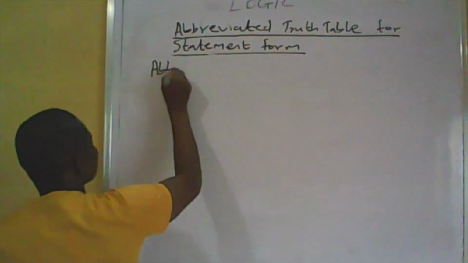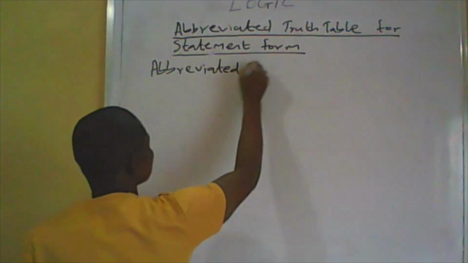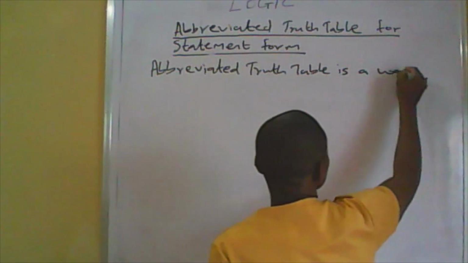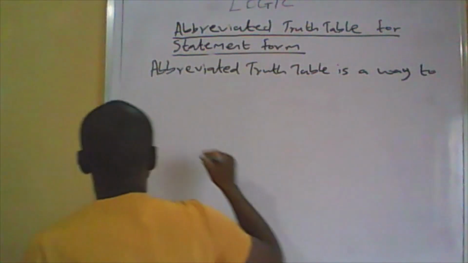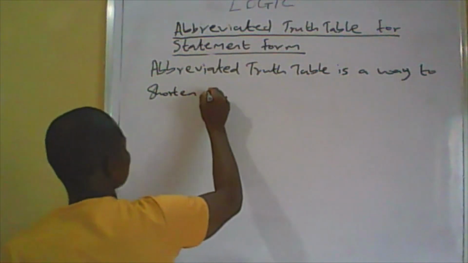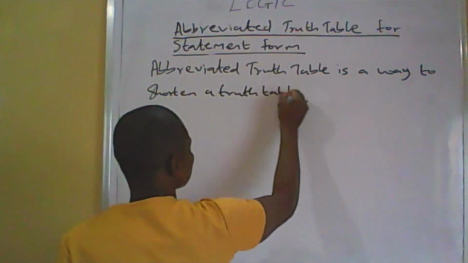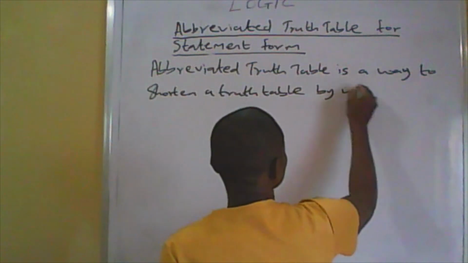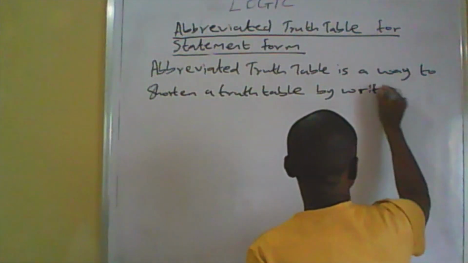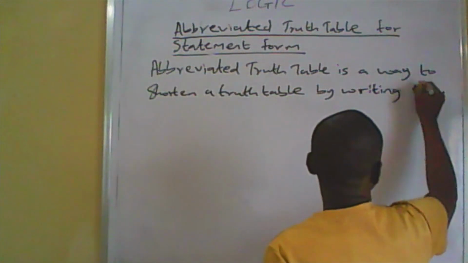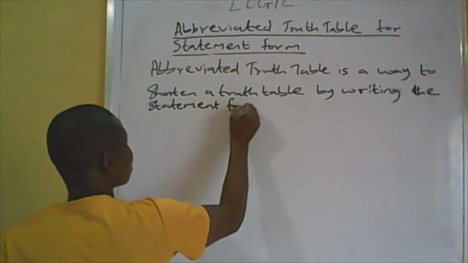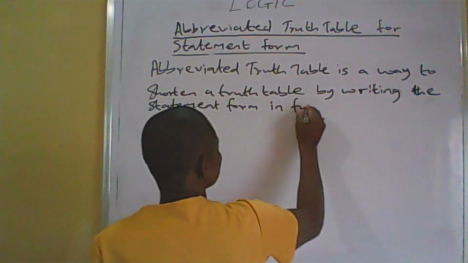So, abbreviated truth table is a way to shorten a truth table by writing the statement form in full.